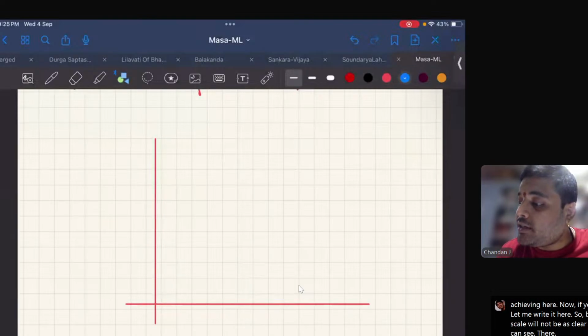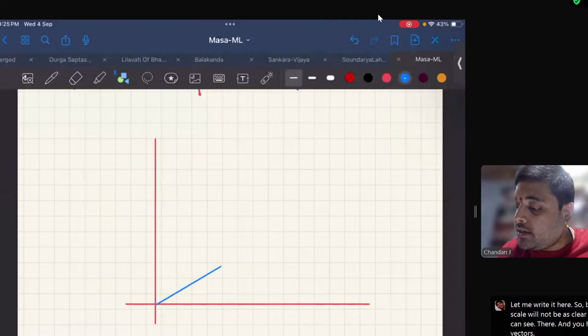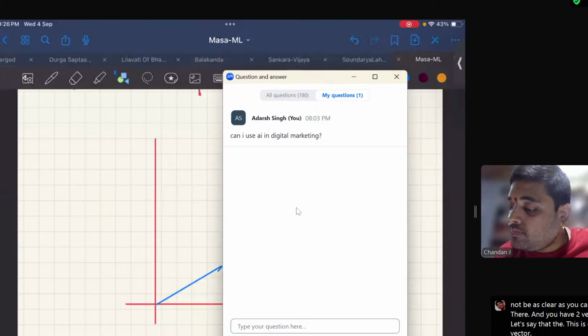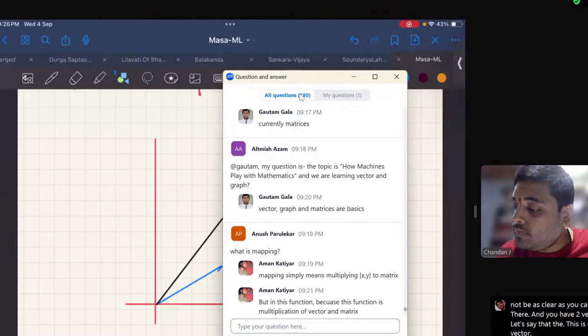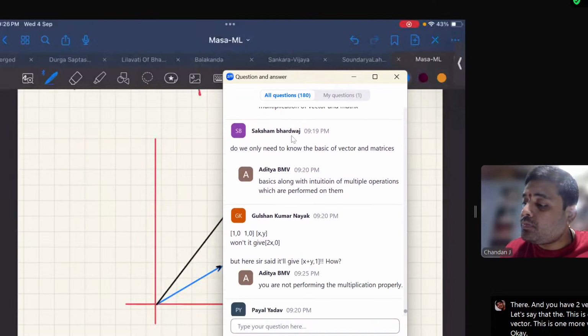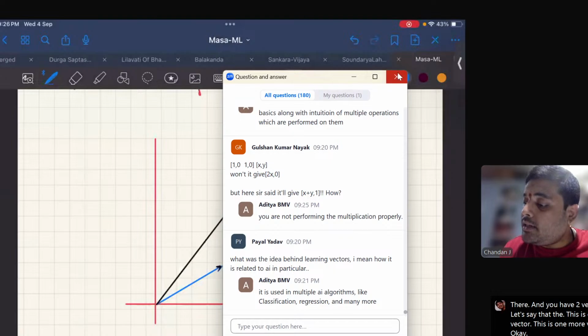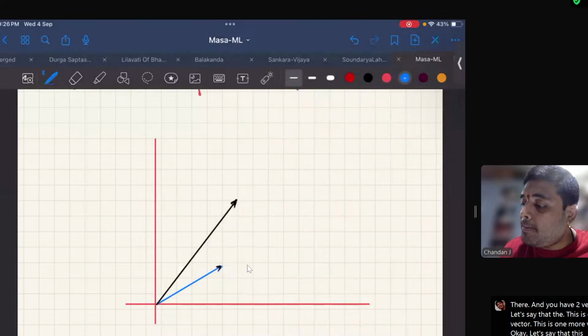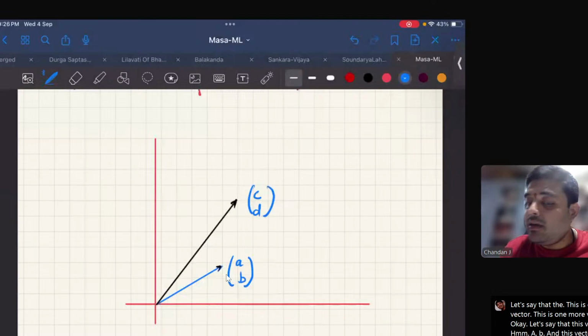Now you have two vectors. Let's say this is one vector and this is one more vector. Let's say that this vector is AB and this vector is CD.